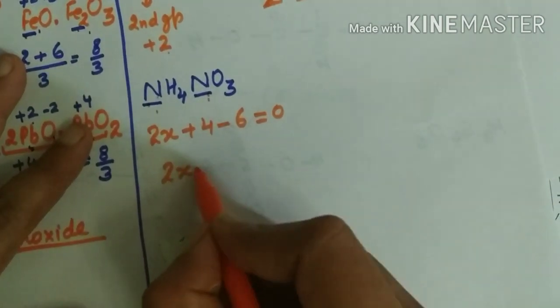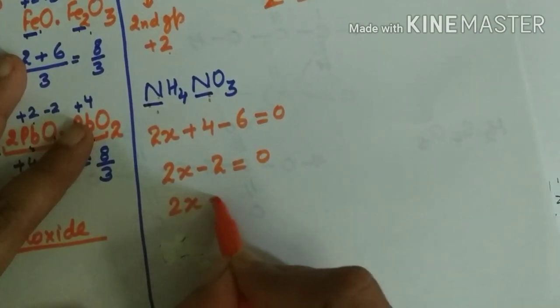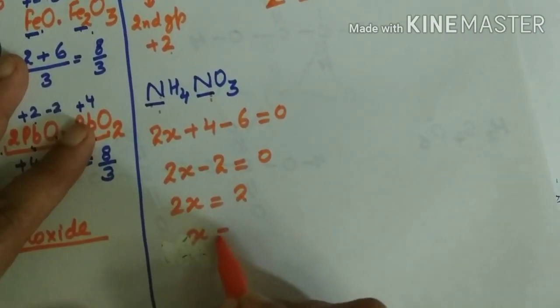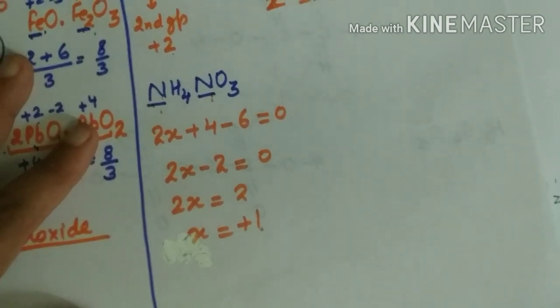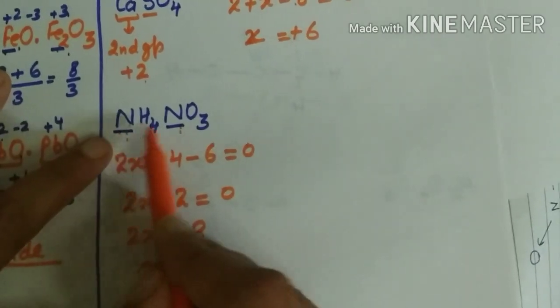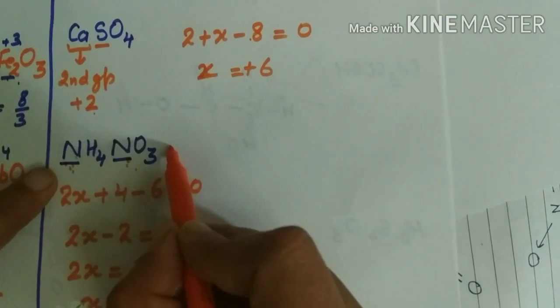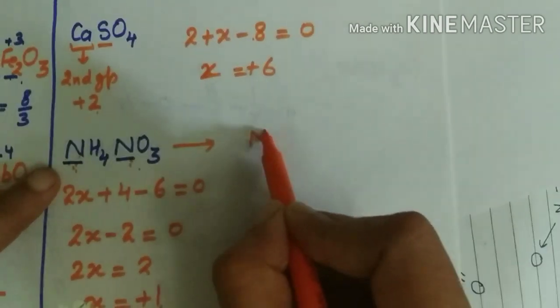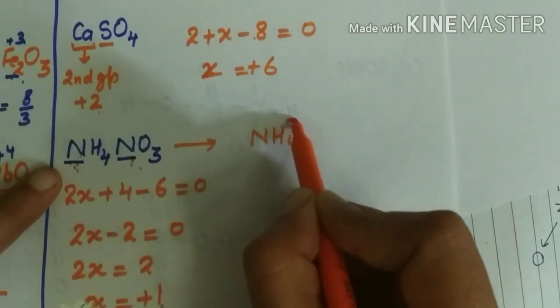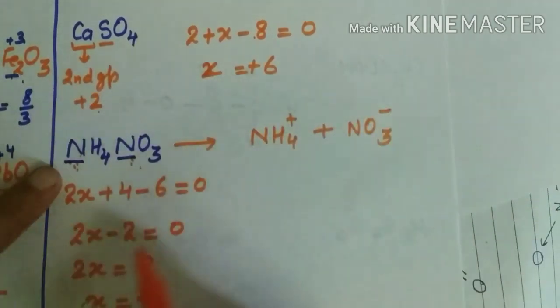So 2x minus 2 is equal to 0, 2x is equal to 2, or x is equal to +1. This is the average. But if we have to find the oxidation state of both nitrogen atoms, note that this is an ionic compound. So it will ionize to give NH4 positive plus NO3 negative.